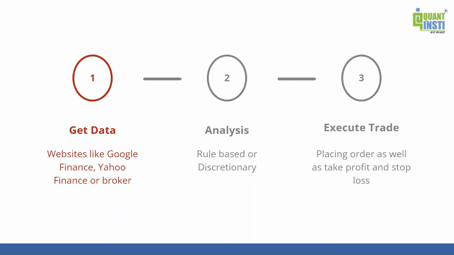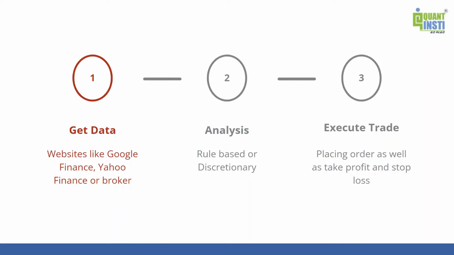Now, this was for a long. If you are going short, then it will be short selling and borrowing. So depending on what kind of a trader you are, you will execute that trade. In summary, these are the three steps when it comes to trading.